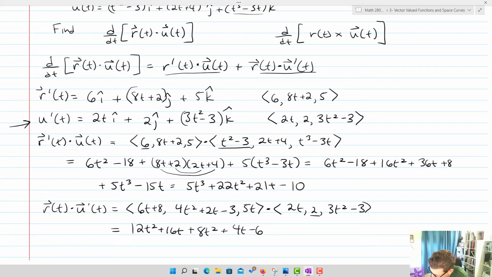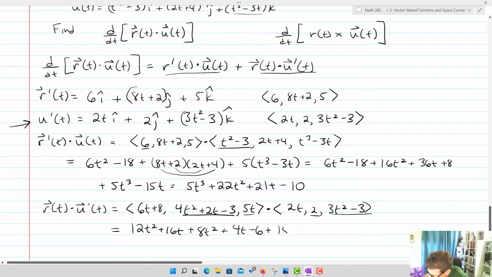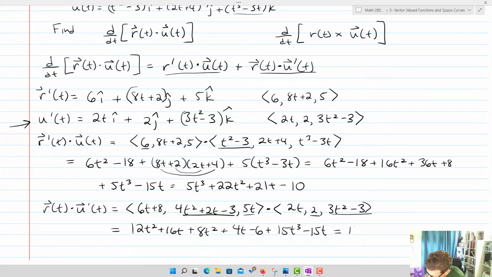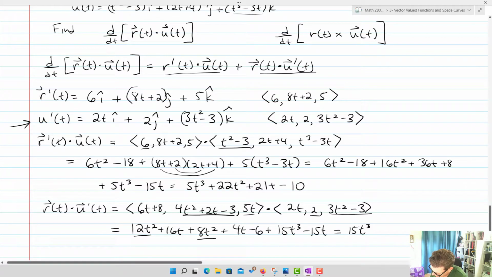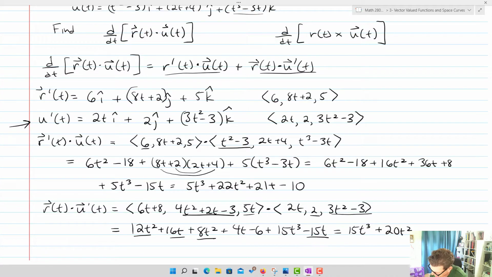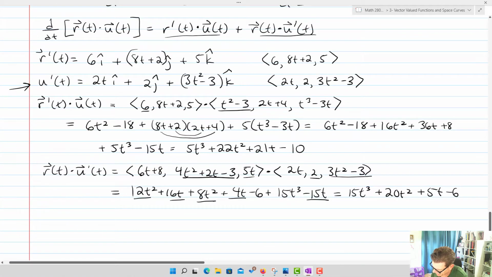So I just took 2 times this function. Plus 5t times 3t squared minus 3, so that's 15t cubed minus 15t. Combine my like terms. I get 15t cubed, plus 20t squared, then 16t minus 15t is 1t plus 4t, that's 5t, and then minus 6. And there's the second half of my equation.